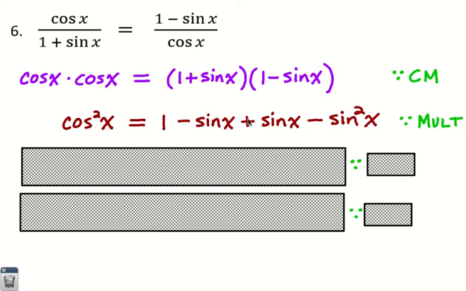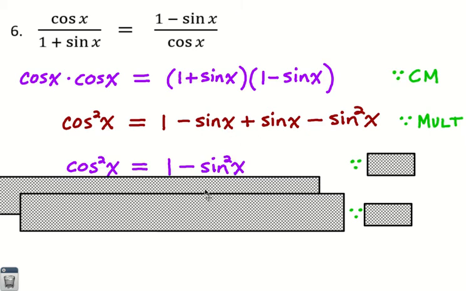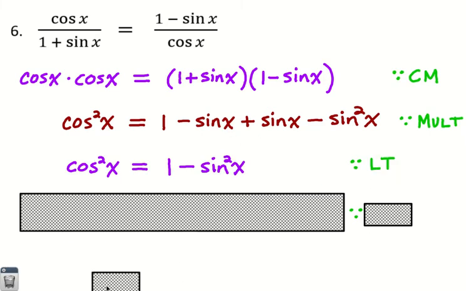Looking over here, maybe you see some like terms that can combine. The negative sine of x plus sine of x is 0. They're like terms. And do you see the end here? We're a breath away. This is all over but the shouting, as long as you are keeping your eyes peeled for Pythagorean identities.